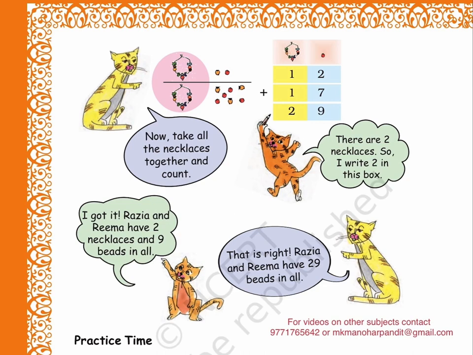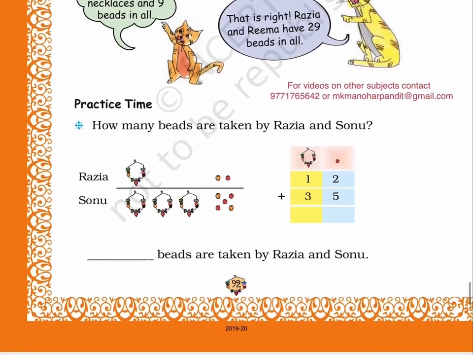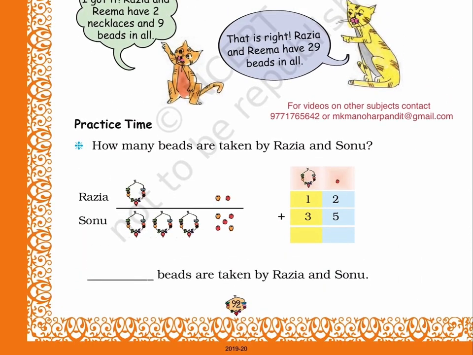Razia and Rima have 2 necklaces and 9 beads in all. Cat 2 is responding, that is right. Razia and Rima have 29 beads in all. Practice time. Question. How many beads are taken by Razia and Sonu?